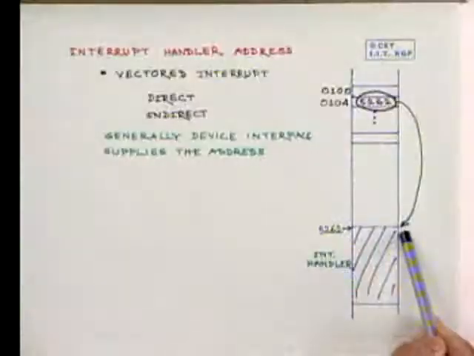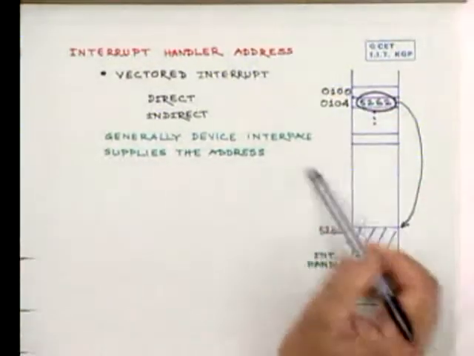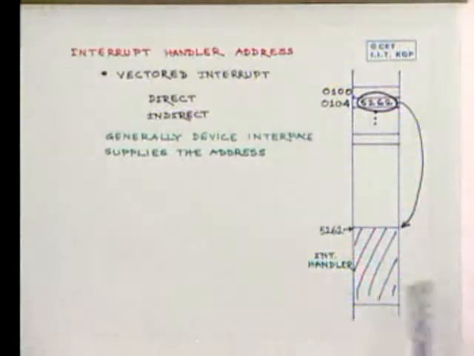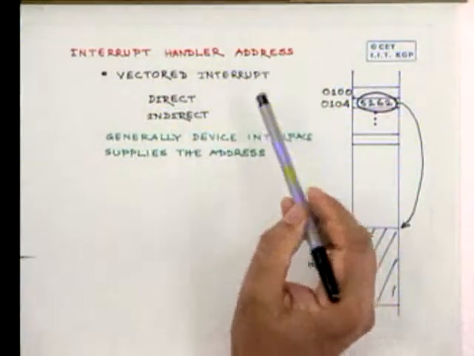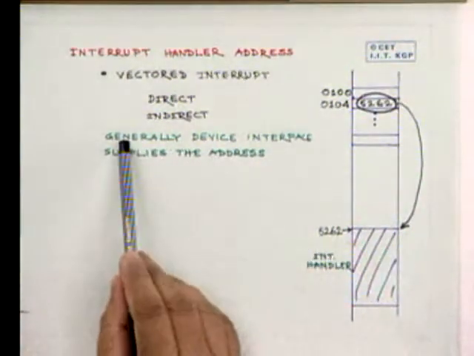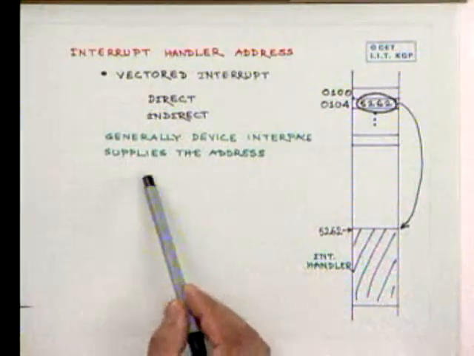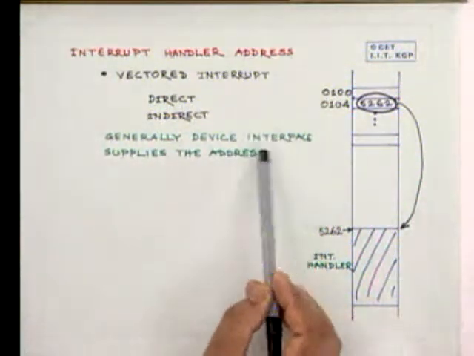Simply, we will have to change this address so that instead of coming to this interrupt handler, it will go to another interrupt handler which is in some other location. That way, we have an advantage with indirect vectored interrupt. Generally, either the device interface or the interrupt controller supplies the address.